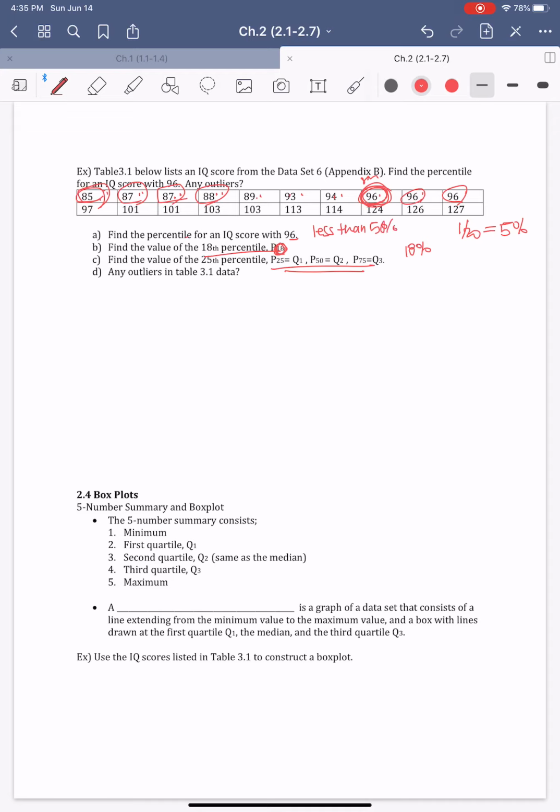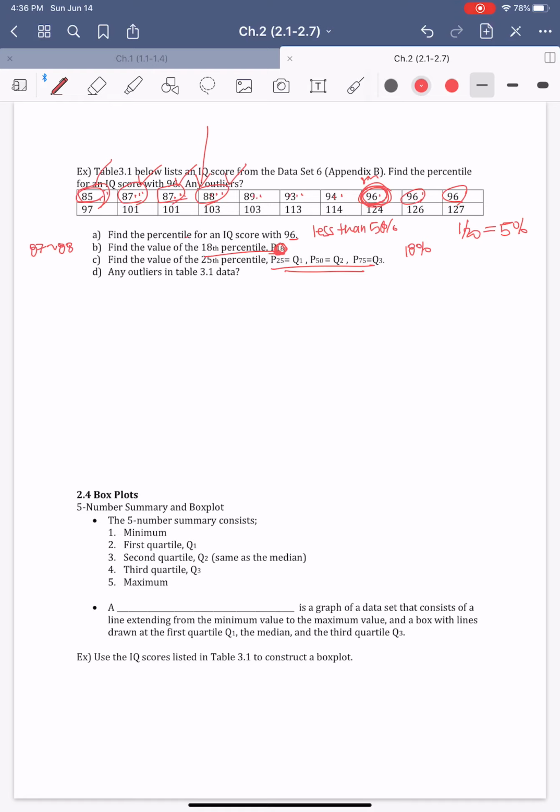So 5, 10, 15, 20, 25, 30, 35, so between 40 and 50%. For the 18th percentile, remember this is 5, 10, 15, 20, so I'm expecting P18 to be a data value between 87 and 88.